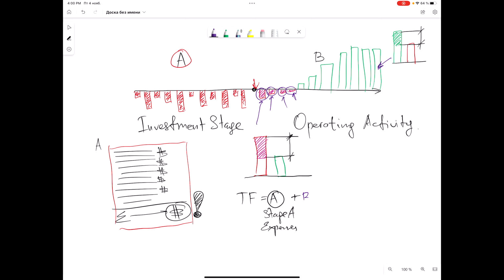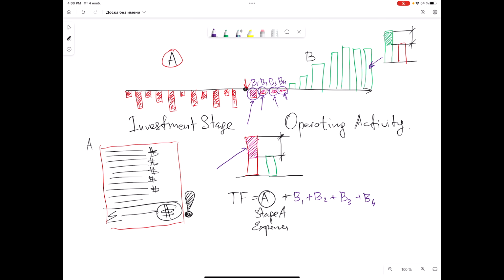Let's name them B1, B2, B3, and B4. So we are adding the months when our expenses are bigger than our revenues. And this is called operating loss.